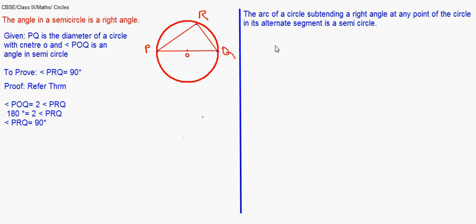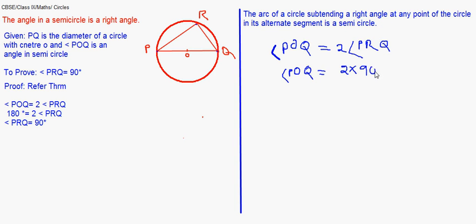So angle POQ is twice the angle PRQ. So angle POQ will be twice 90, which is given to us. That makes angle POQ 180 degrees, thereby making it a straight line. If that's a straight line, that means PQ is a semicircle, right?